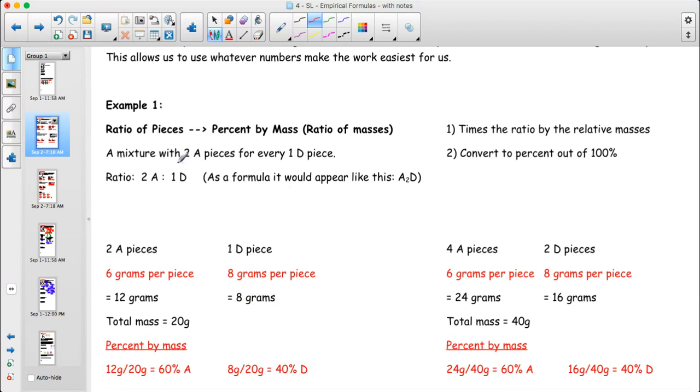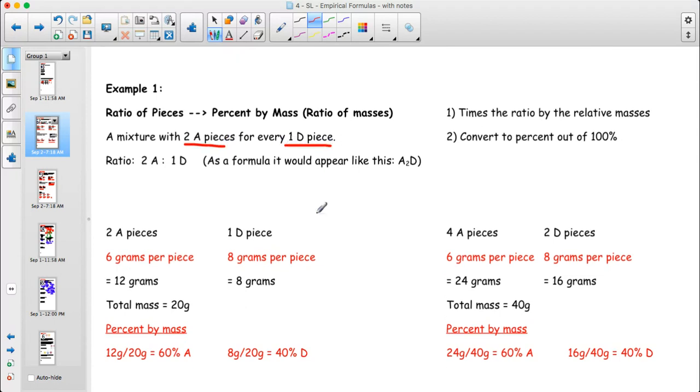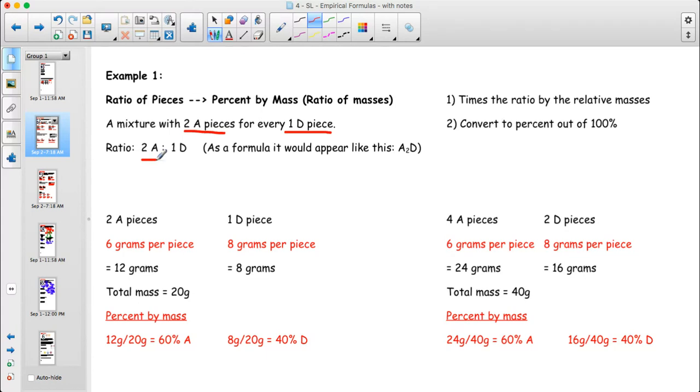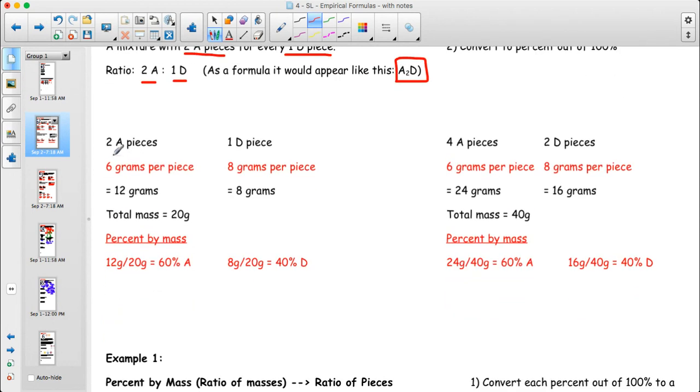If you were told that you had a mixture where you had 2 A pieces for every 1 D piece, right? Then we could say, all right, 2 A's for 1 D. This is one way to write a ratio with a colon. As a formula in chemistry, we're going to see the same thing represented like this: A sub 2 D. So that tells us 2 A's for every 1 D. Okay, well, that ratio tells us if there's two A pieces and one D piece, and if each A weighs about 6, and we'll say 6 grams per piece, even though we know it's not really grams, but it doesn't really matter.